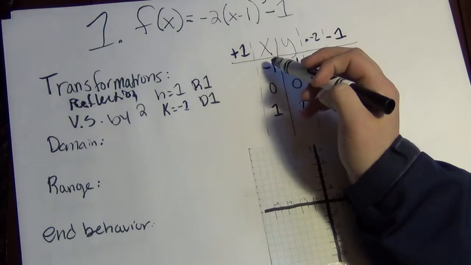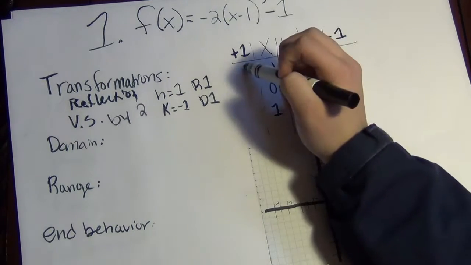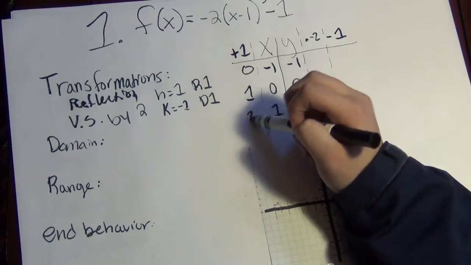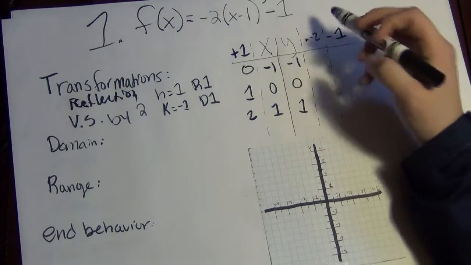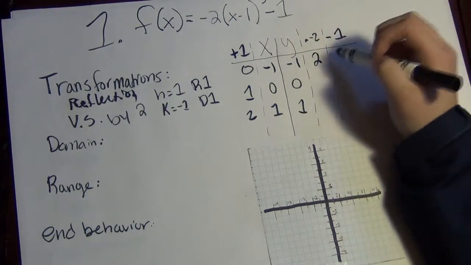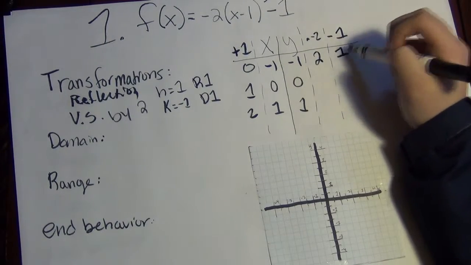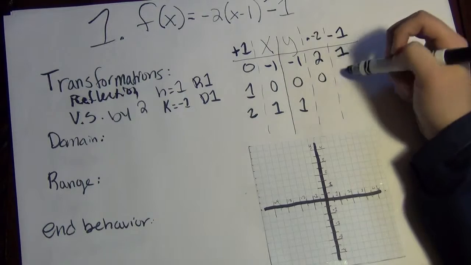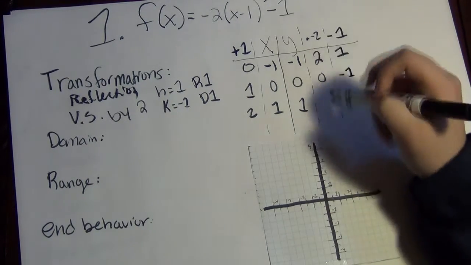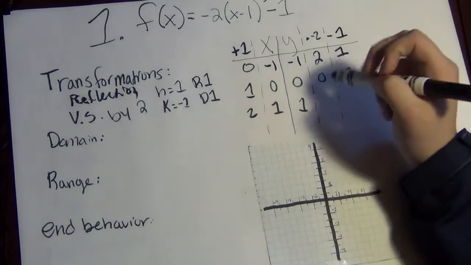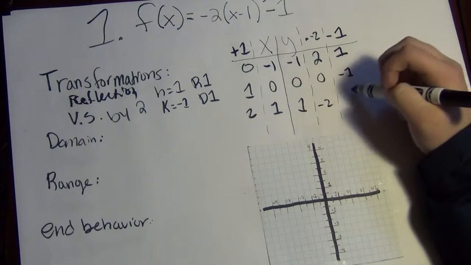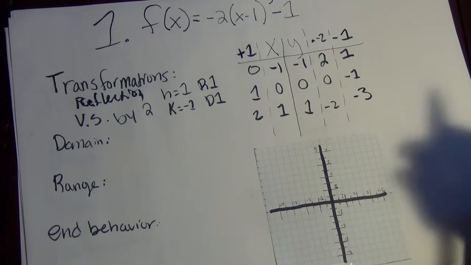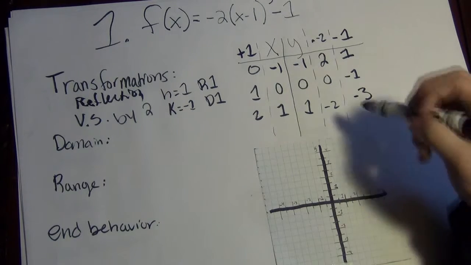And all you do is, over here, you add 1 to each side. So this would be 0, 1, 2. And over here, you would multiply by -2, so that would be a 2, and then you subtract 1, which would be a 1. Then 0 times -2 is 0, minus 1 is -1, and -2 times 1 is -2, minus 1 is -3. And then all you do from here is plug the points in.